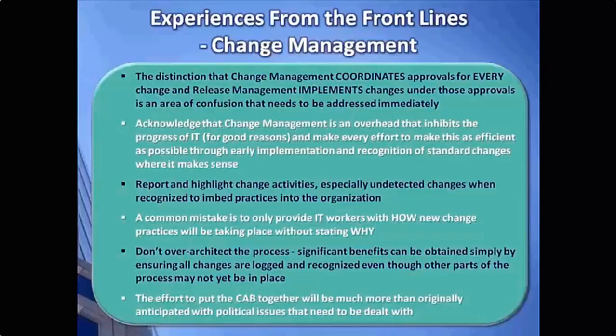Another area is make sure you find a way to recognize and deal with unreported changes. These create literally the greatest risk within the infrastructure and undermine the process very quickly.